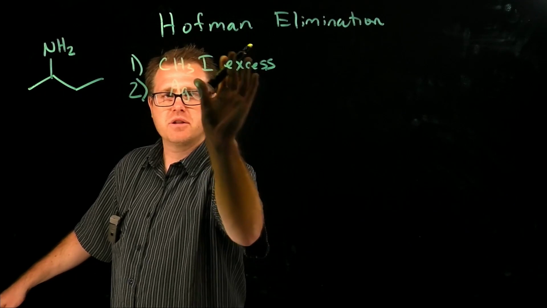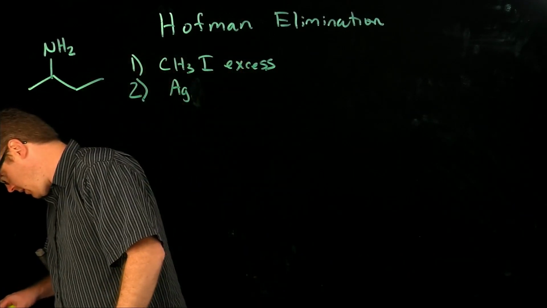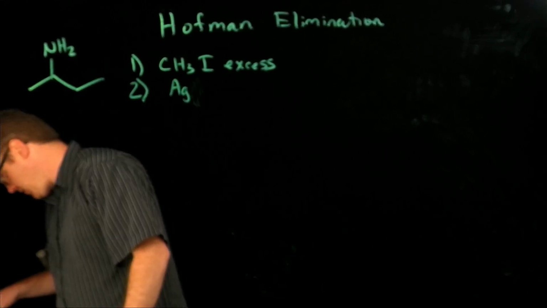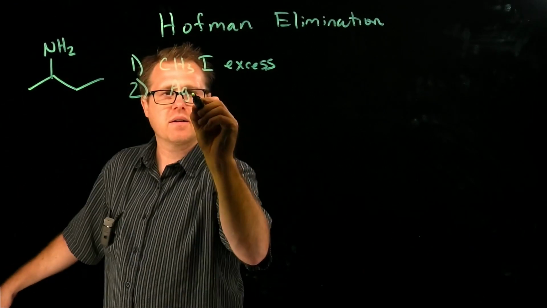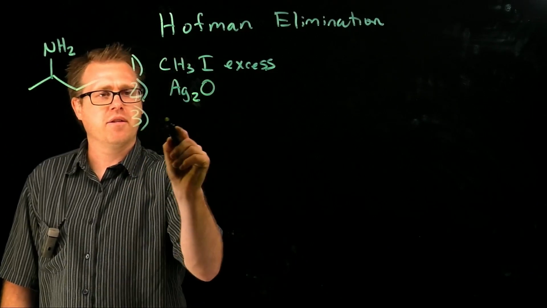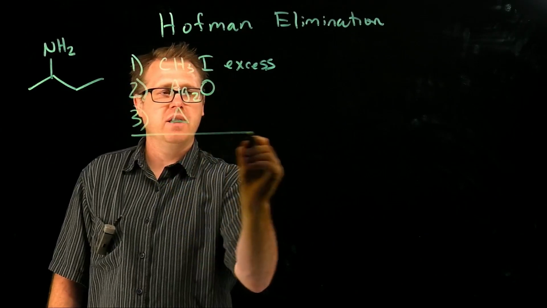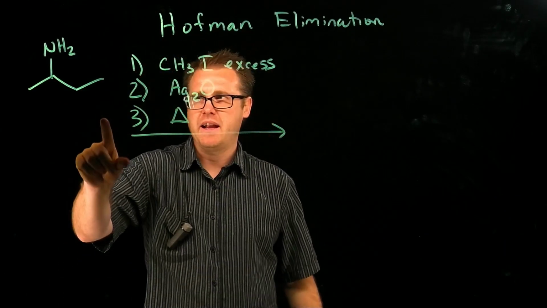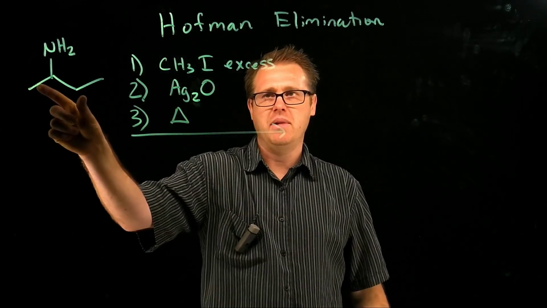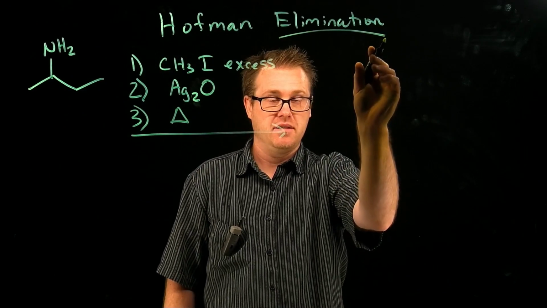Let's actually draw it. Silver oxide would be that. And then the third one, we would add some heat. And when you take those three reagents and treat the amine, what do we get? We get an elimination.